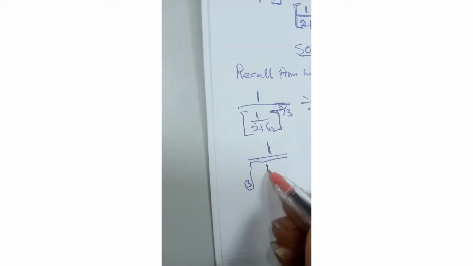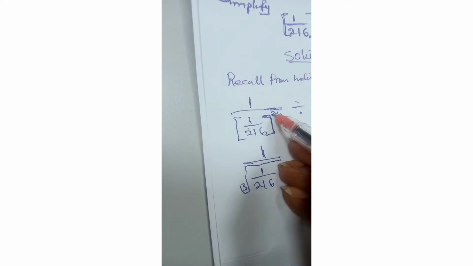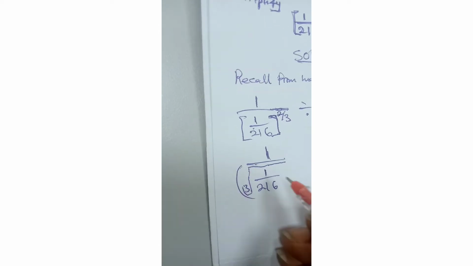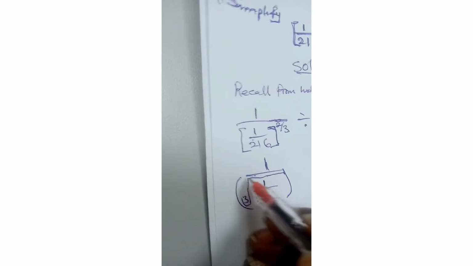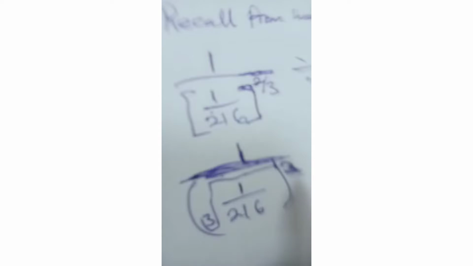What's the number? The number is 1 over 216. Then everything will now be raised to the power of the numerator, the power of 2. Are you getting my point?